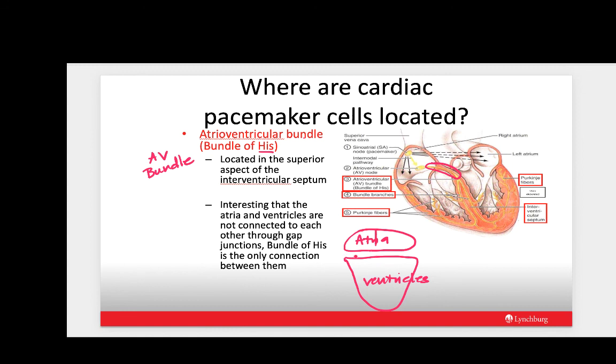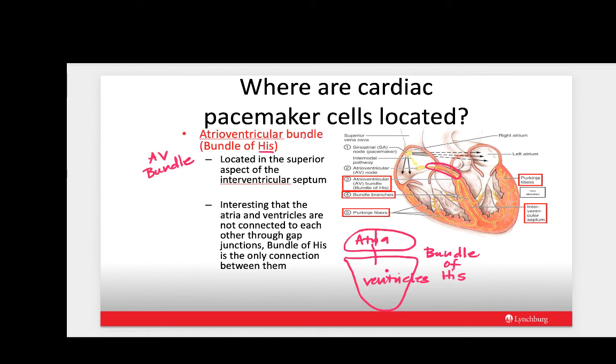Okay, the only connection between the atria and the ventricles, we've kind of got one line here, and that's going to be the bundle of His, or the AV bundle. And so basically it's like we're taking this major highway and we're bringing it down to like this one little country road that's providing a connection between the atria and the ventricles. So it ends up slowing down the impulse. We have a slight delay and then a slowing of the impulse, and then we get down to the ventricles, and it can spread through gap junctions throughout the ventricles.